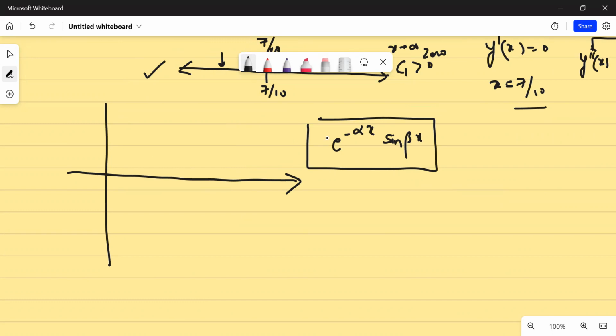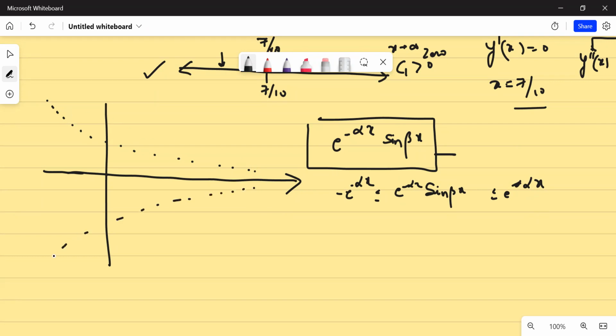So how to make such graphs? You know how to make the graph of a decreasing exponential, e to the power minus alpha x. And because sine beta x is there, this particular function, sine beta x times e to the power minus alpha x, will always lie between minus e to the power minus alpha x and e to the power minus alpha x.